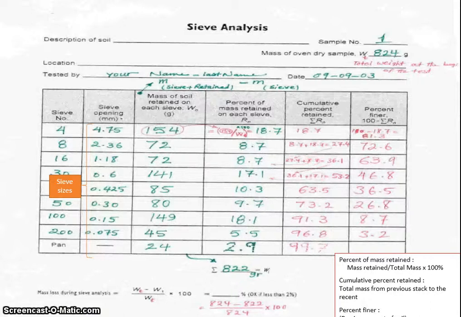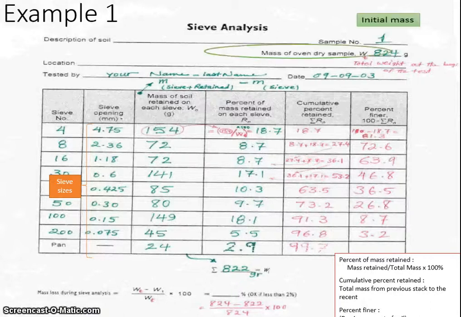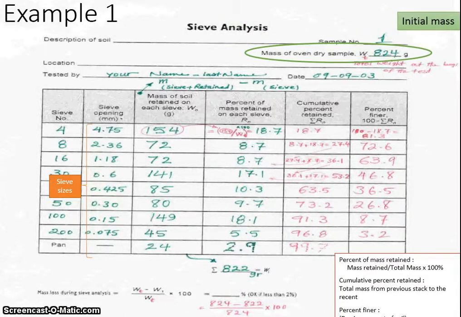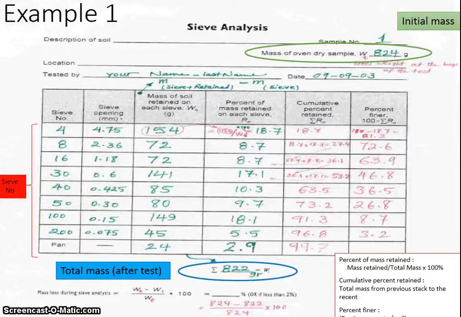So let's say this is another example of the data. Note that every time we do the test, we need to know the initial mass first. We need to be careful with the sieve number and also sieve size. And what is the total mass after the test?